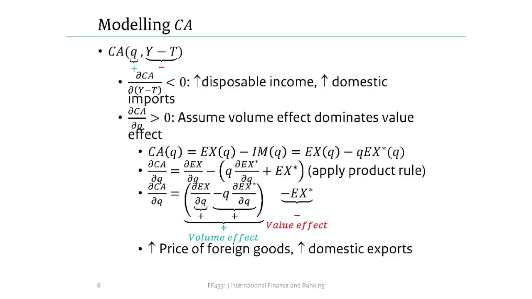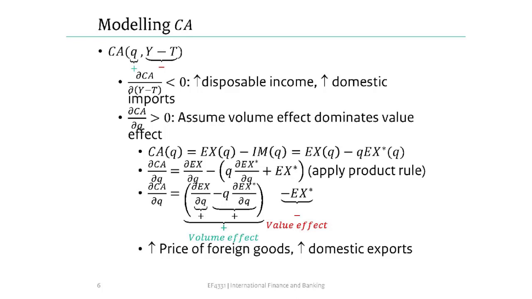So what does this mean? This means that the way the current account responds to Q is somewhat ambiguous if you don't make proper assumptions about this structure. We have to assume that this entire structure is positive to say that Q has a positive effect on the current account.